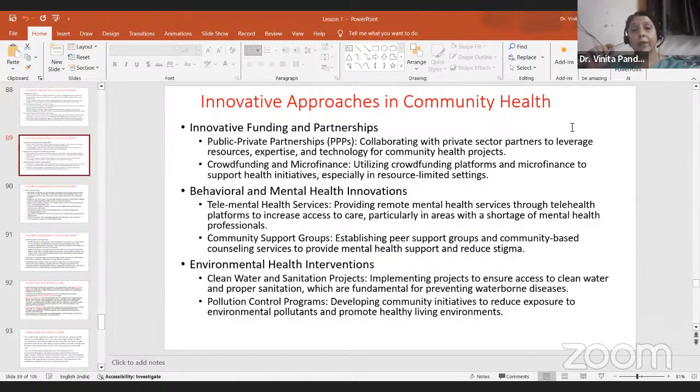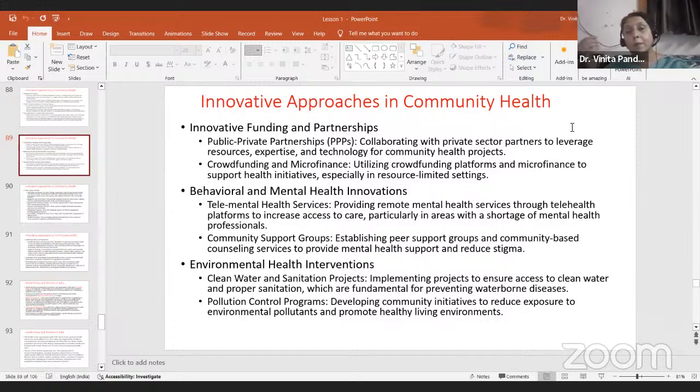Crowdfunding and microfinance. Utilizing crowdfunding platforms and microfinance to support health initiatives, especially in resource limited settings. So wherever resources are limited, you are mobilizing funding from people, right?